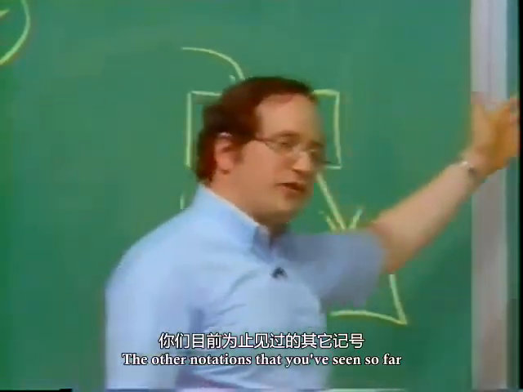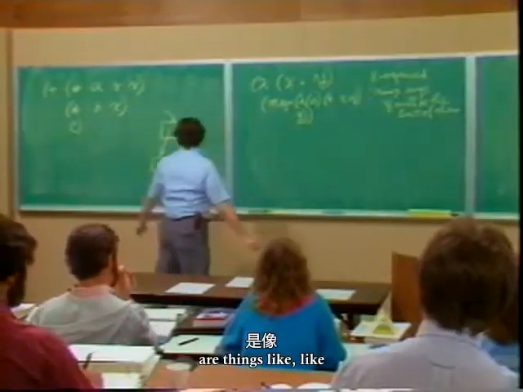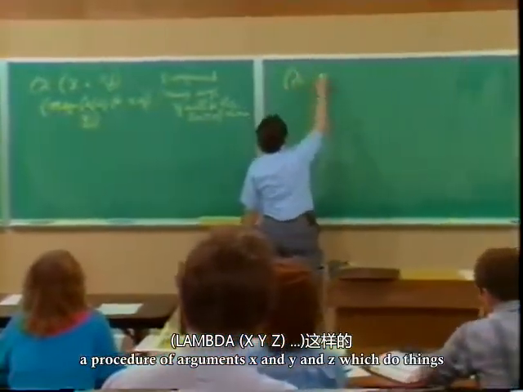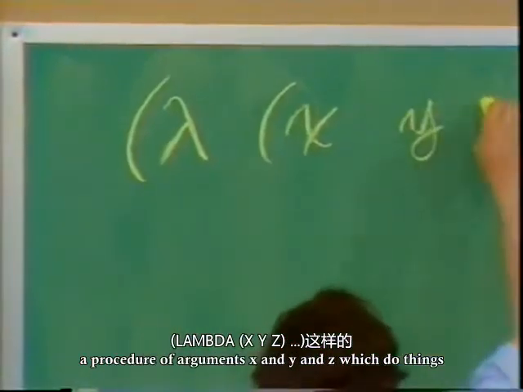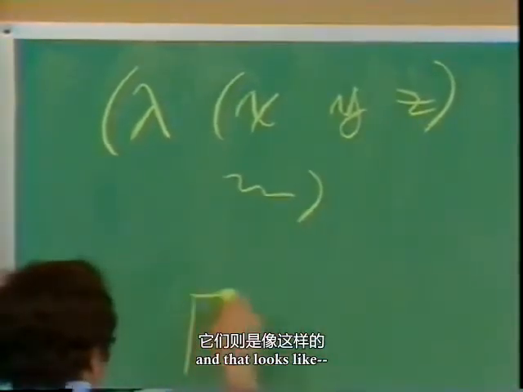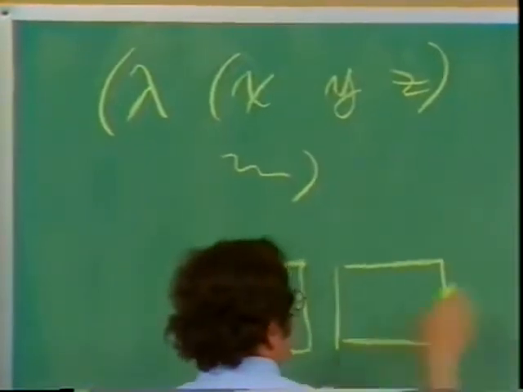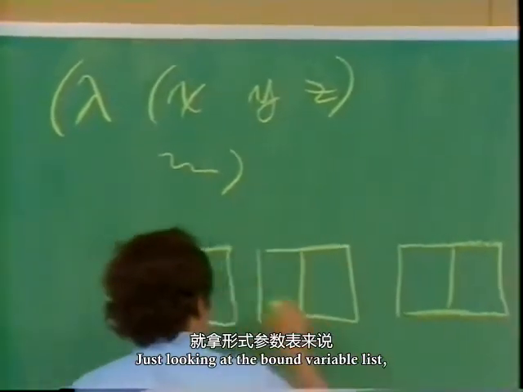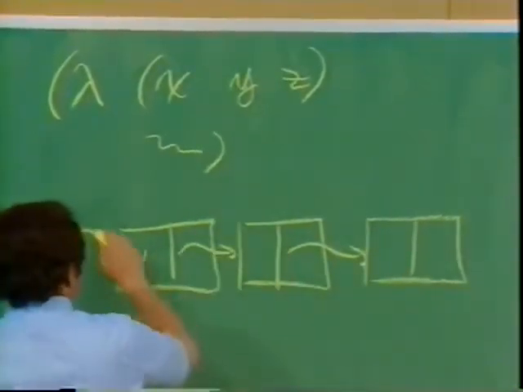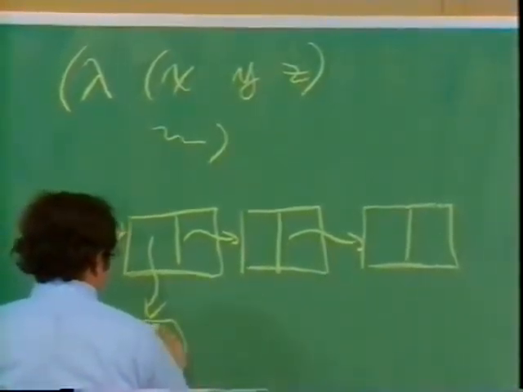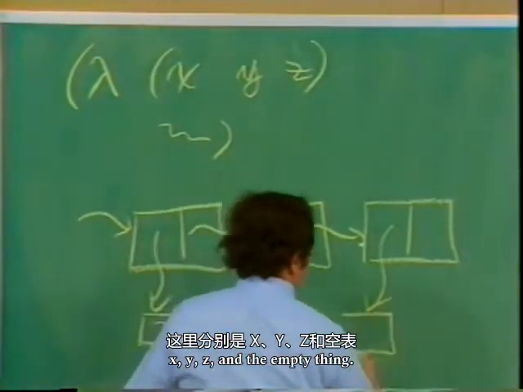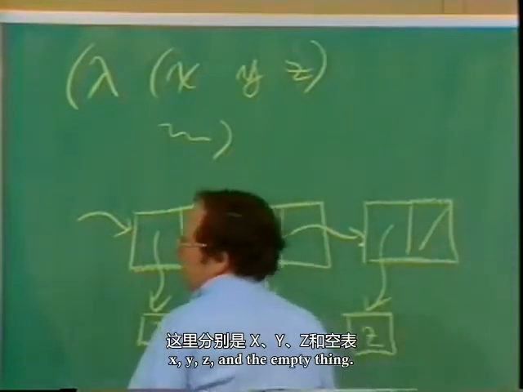The other notations that you've seen so far are things like a procedure of arguments x and y and z, which do things, and just looking at the bound variable list, it looks like this: x, y, z, and the empty thing.